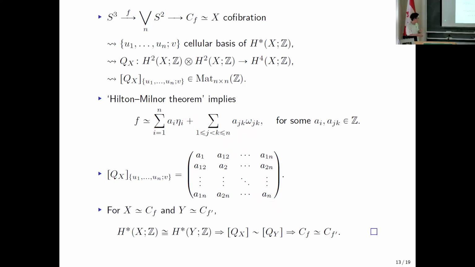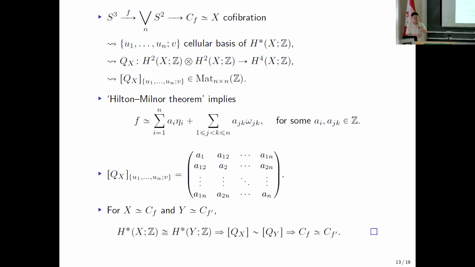So roughly speaking, if you have two toric varieties X and Y, and those two are mapping cones for certain attaching maps, and if you assume the cohomology ring isomorphism, then the two intersection matrices have to be conjugate, and that will imply the homotopy equivalence between these two spaces. So that's a brief sketch of the proof we made, right?